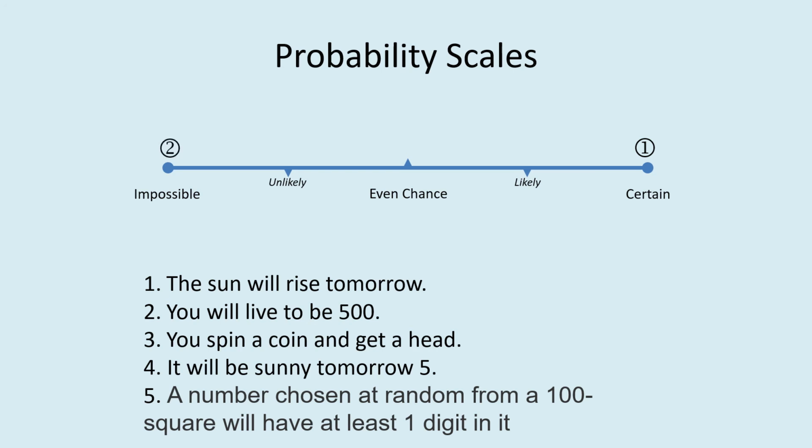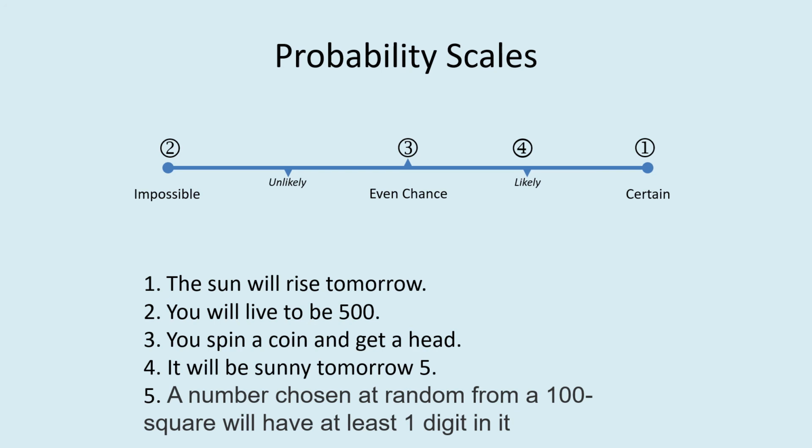So, that you will live to be 100 years old is impossible. To spin a coin and get a head, it's even, because there are only 2 choices, so it's a 50-50 chance. I decided there's a likely chance of it being sunny tomorrow, because actually we've had a lot of sun recently, it's been lovely.